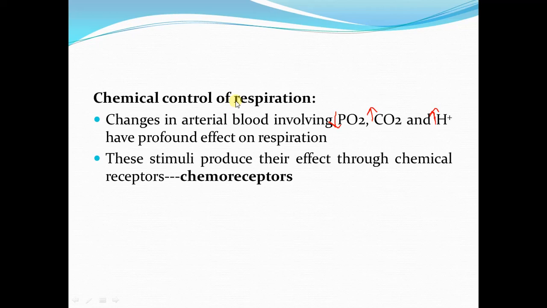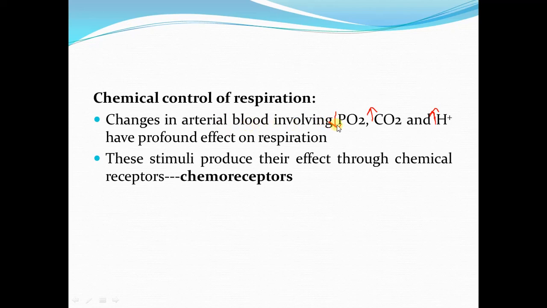We can say that there are two types of control of respiration: the nervous control that we discussed in the previous lecture, and chemical control, which we are going to discuss in today's lecture in detail. For the chemical control of respiration, the stimuli are the changes in the concentration of oxygen, carbon dioxide and hydrogen ions in the arterial blood.